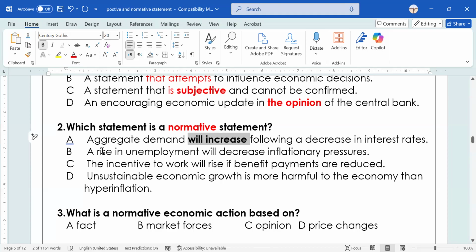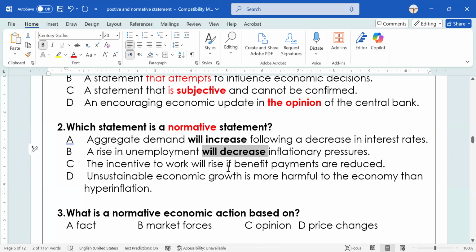Okay, letter B, a rise of unemployment will increase inflationary pressures. So when we say unemployment, it is when people who want to work but cannot find jobs, and inflationary pressures are the forces that push the prices up. And again, you have the keyword will decrease.